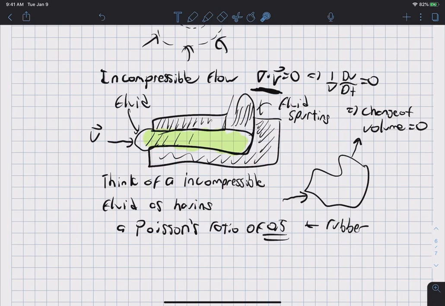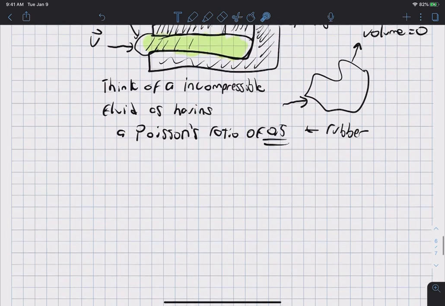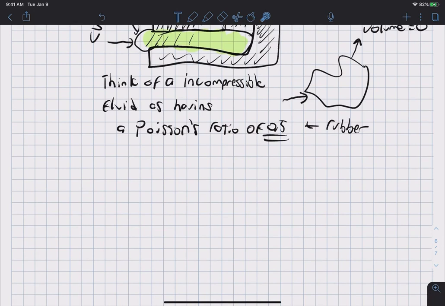And the last thing that I'm going to go over, if I can find my notes, is the rotation of a fluid element. Oops.